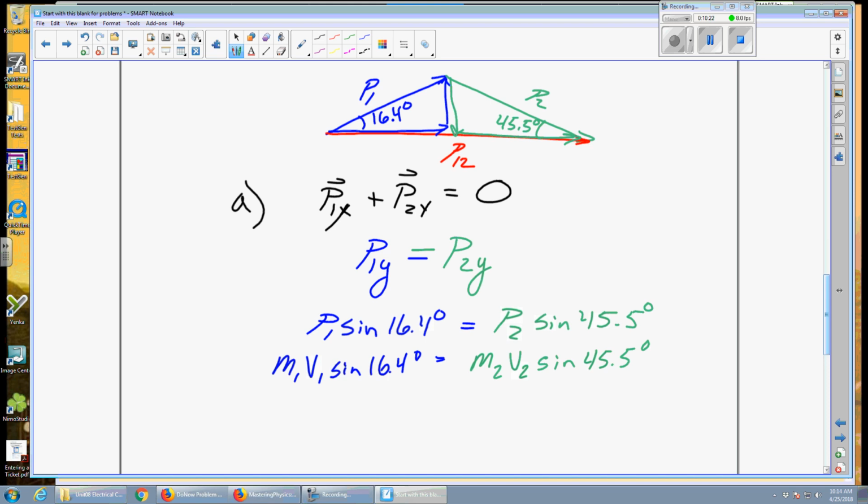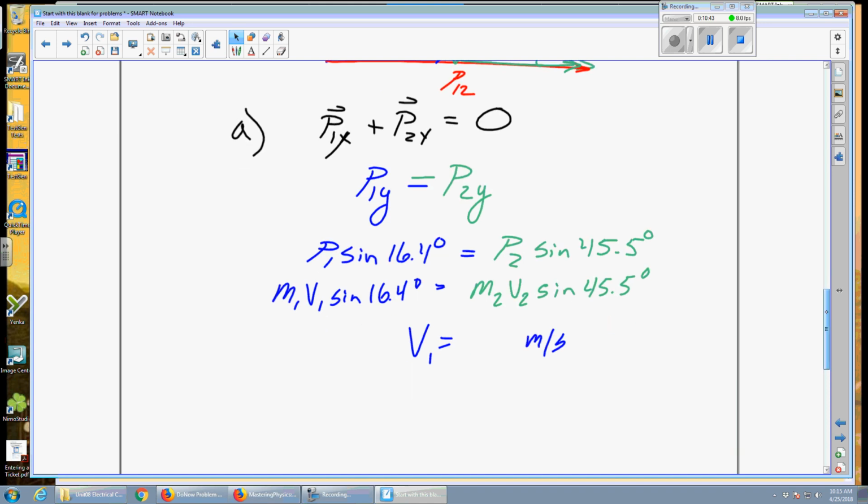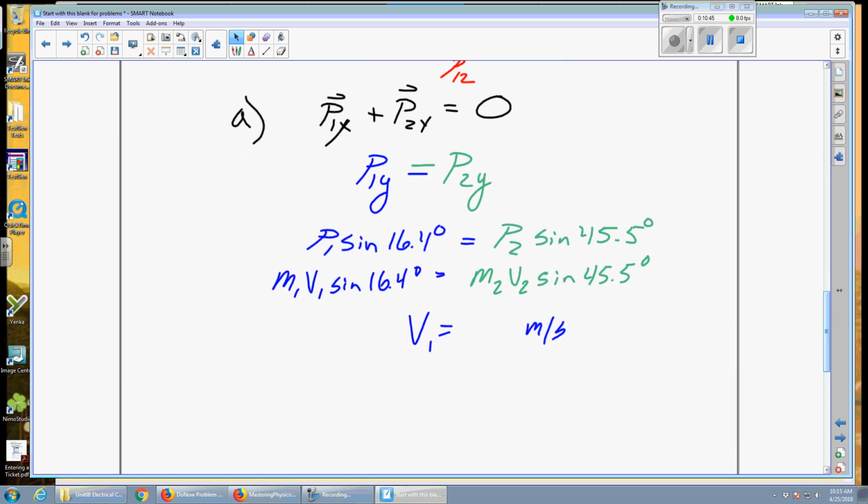Do I know the speed of the first blob of clay? No. Do I know the mass of the second blob of clay? Yes. Do I know the speed of the second blob of clay? Excellent. So I know enough to plug in everything I know, and then to find the speed in meters per second of the first blob of clay, which is ironically what they asked me for in A. Not ironically.